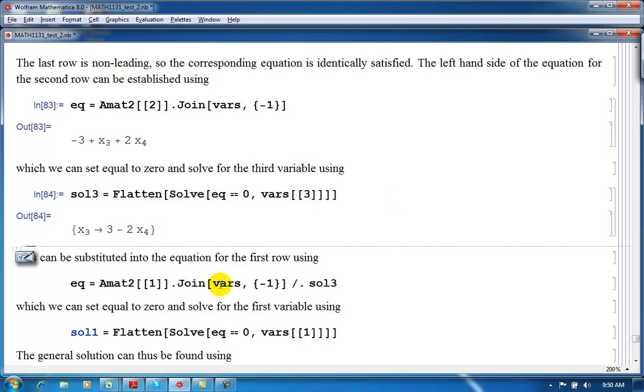And we now want to substitute that into the equation corresponding to the first row. So we take the first row of the row reduced matrix and take the scalar product with the vector of variables, and then we want to replace x3 in whatever that is by this here.